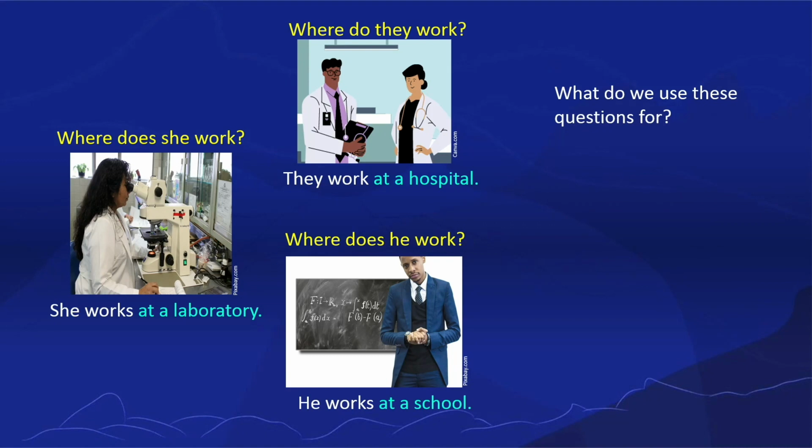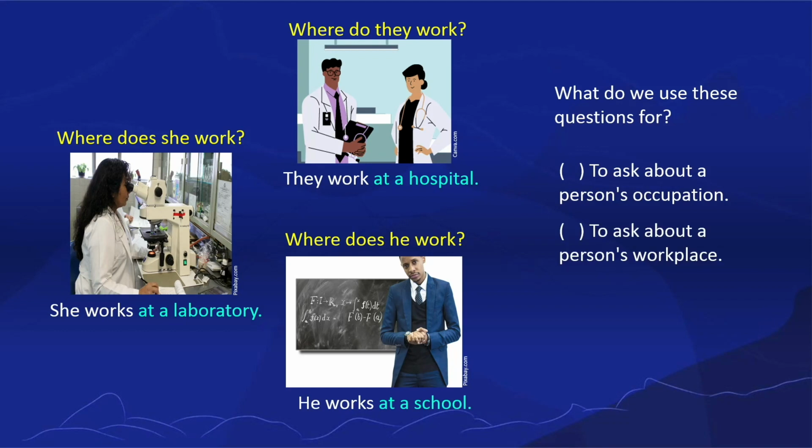What do we use these questions for? To ask about a person's occupation or to ask about a person's workplace. Local de trabalho. Workplace. What is the answer? To ask about a person's workplace.